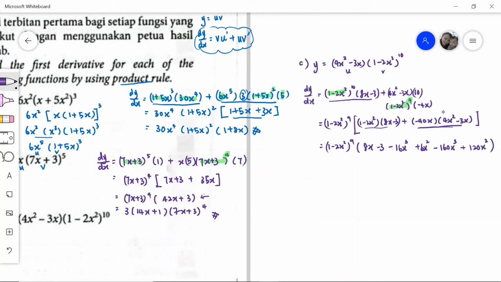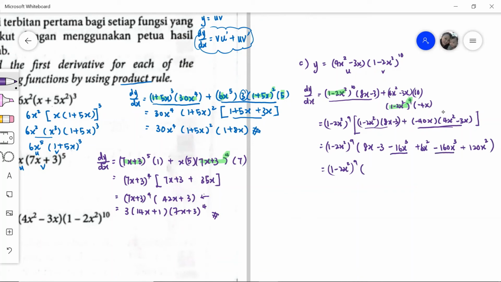Okay, so with that, let's combine the like terms. We have 1 minus 2x squared raised to the power of 9. And then let's arrange in such a way that the highest power will come first. So we have negative 16x cubed and negative 160x cubed.